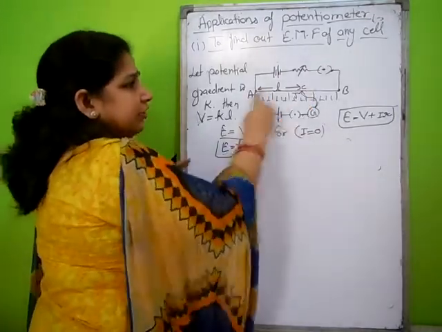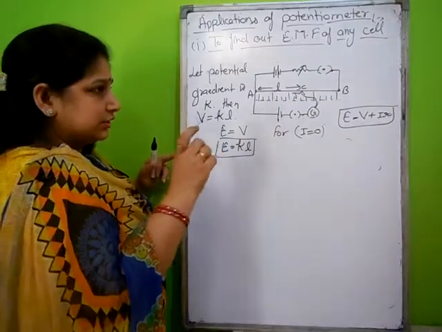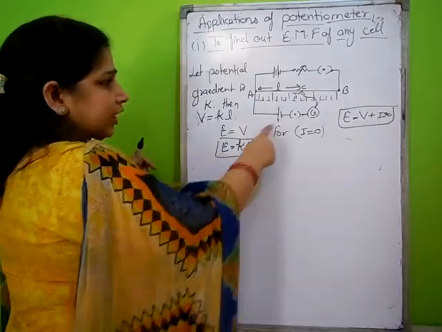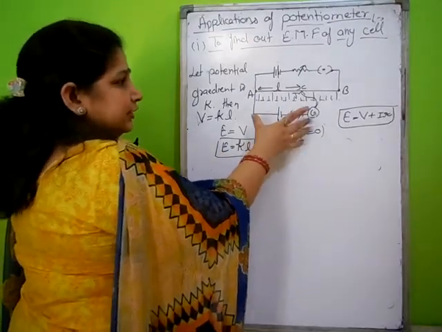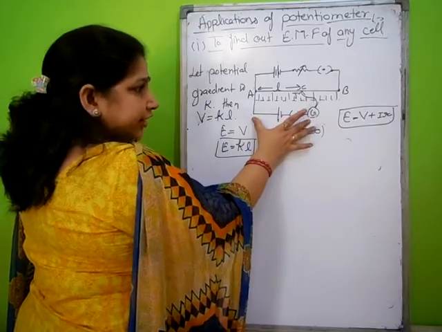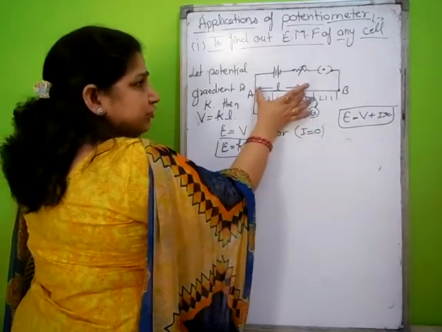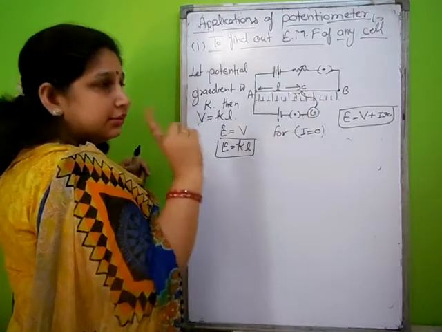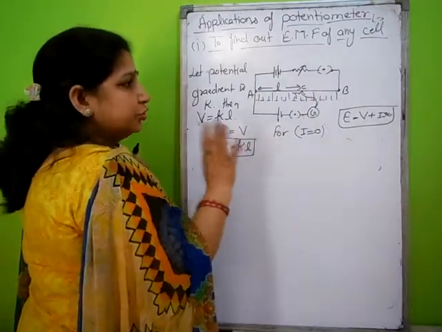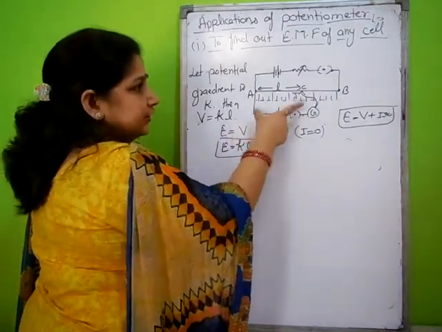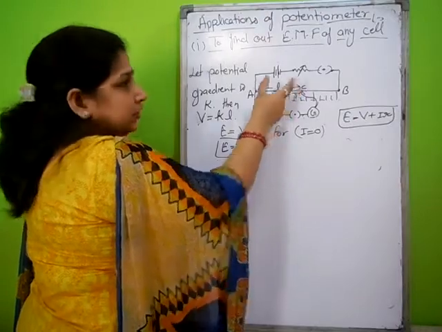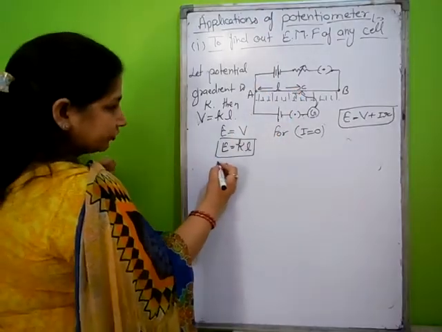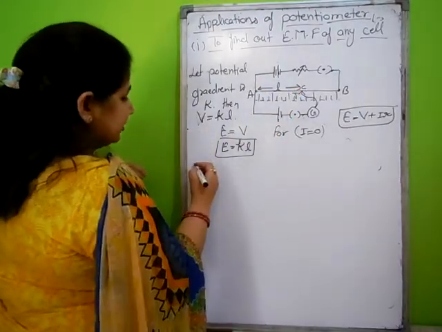L we can measure with the help of the scale. Then we can find the EMF of this cell, as the potential of the cell is the same as the potential of this length of conductor. This is the main concept we should remember. The potential at this is equal to the potential at this. Got it? This is the first application.